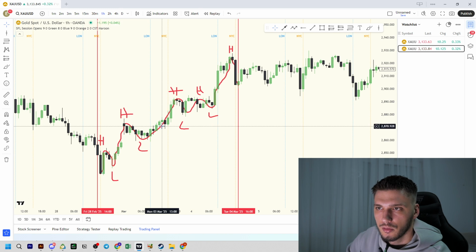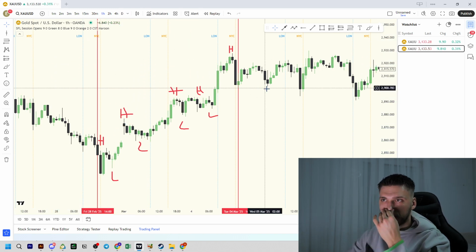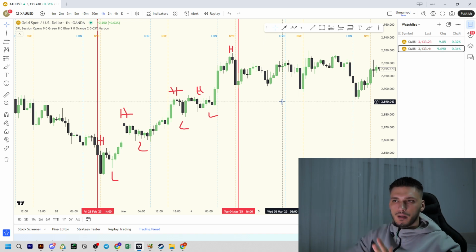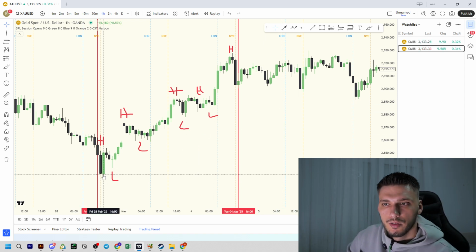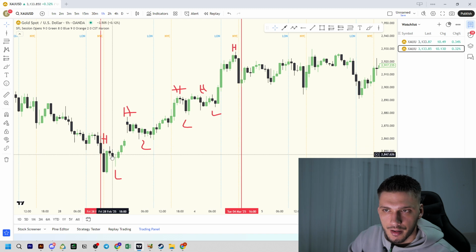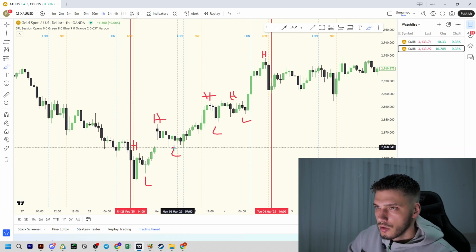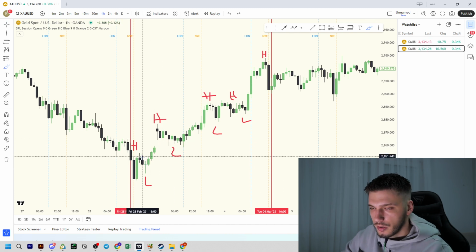If we take this out, the brush that we drew, now the last part is to analyze. Start going with your hand. Why was this marked out as a high? Because this was a move up and then it had a move down. If you're unsure, don't delete the drawing like this.